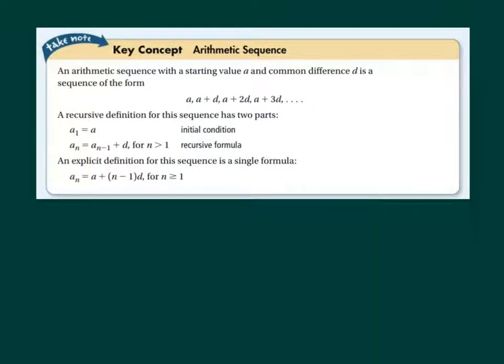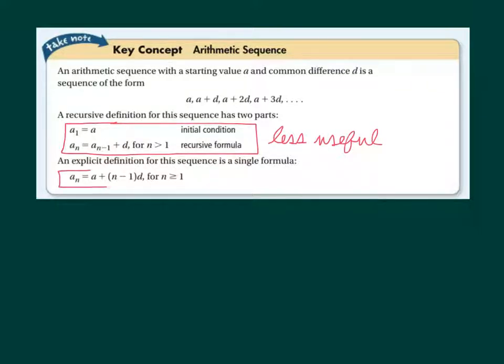We have our arithmetic sequence. On this page, they define an arithmetic sequence recursively, which is, we'll say, less useful. And they define it explicitly, which we will say is more useful.